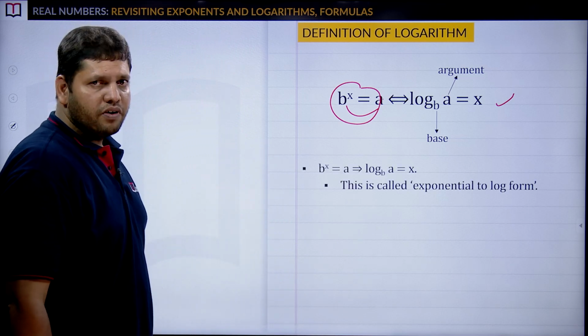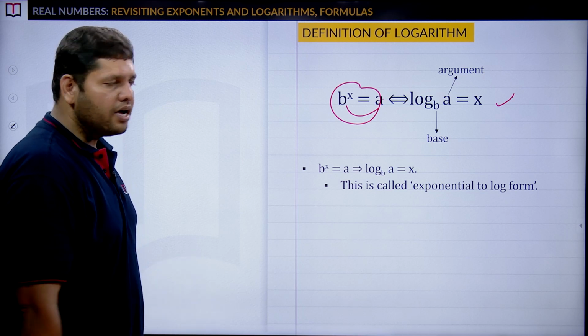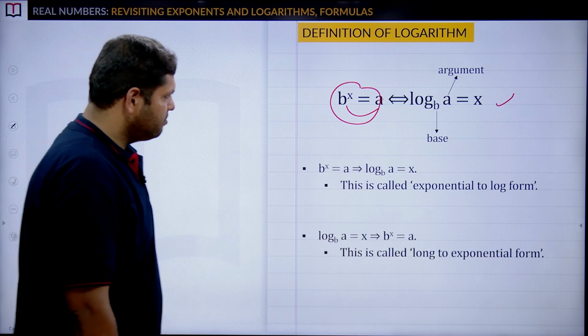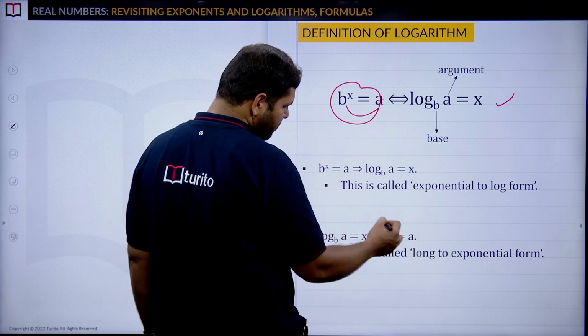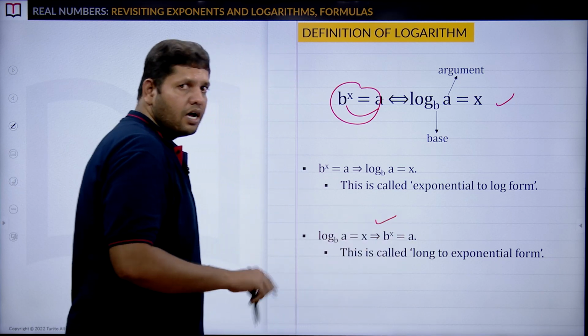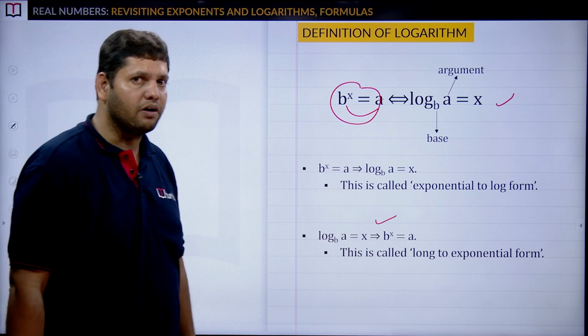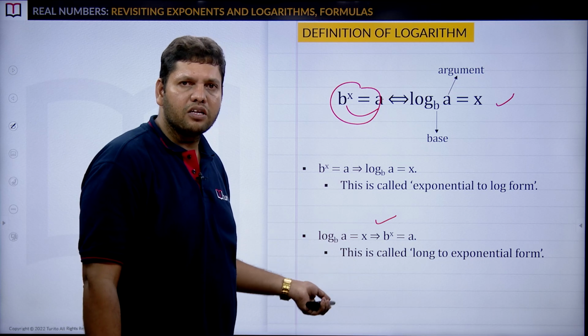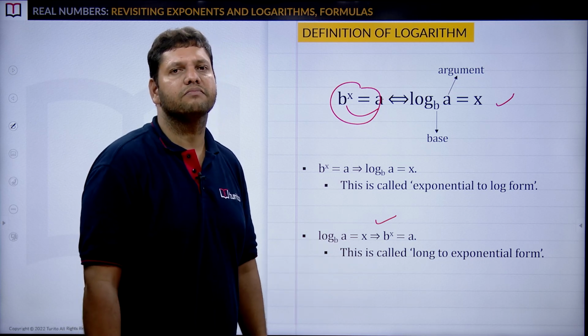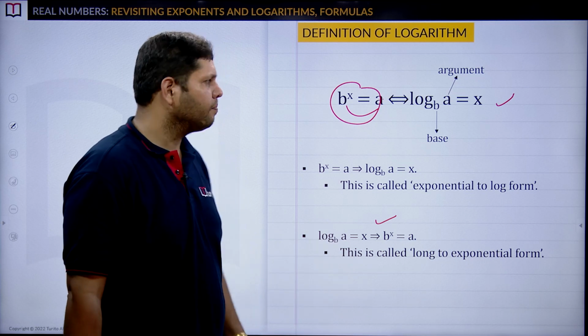This is the conversion of exponential form to logarithm form. And if I write log b a is equal to x, then b to the power of x is equal to a. So this is logarithm form to exponential form. The first one is exponential to logarithm, and this one is logarithm to exponential form.